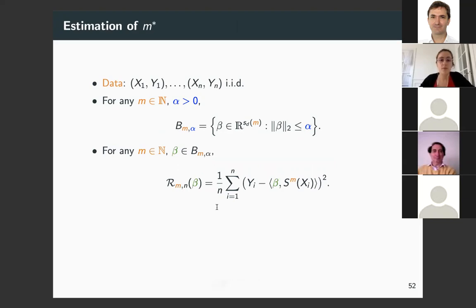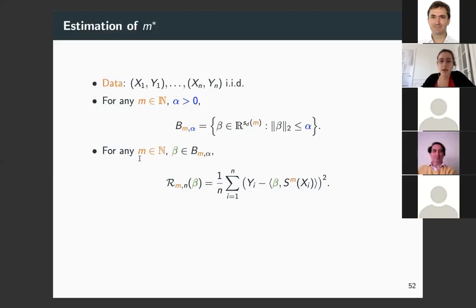And then I consider the 1/n sum of the losses, like before, like I defined empirical risk minimization. Now I take the L2 loss, the difference between yi, the data point i, and a linear form of the signature truncated at m.